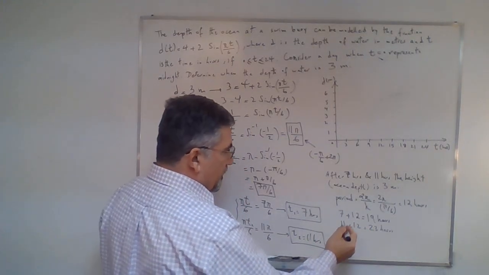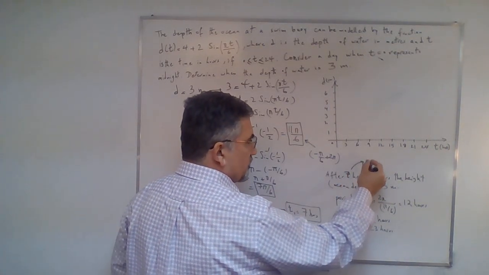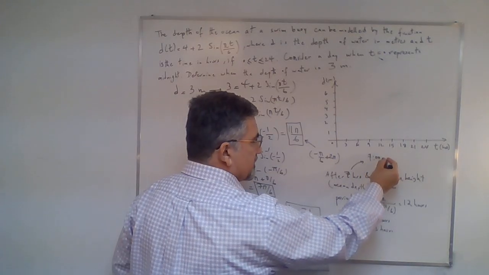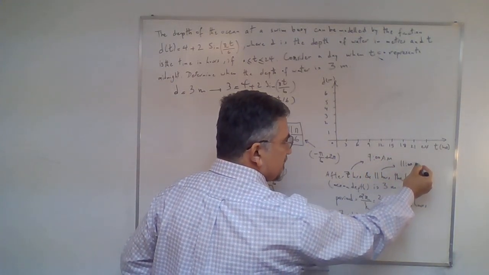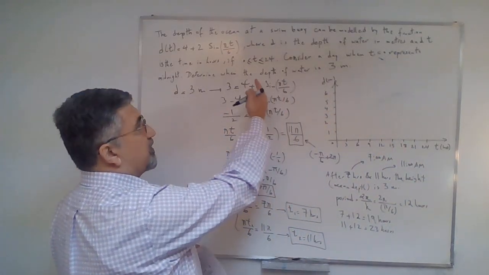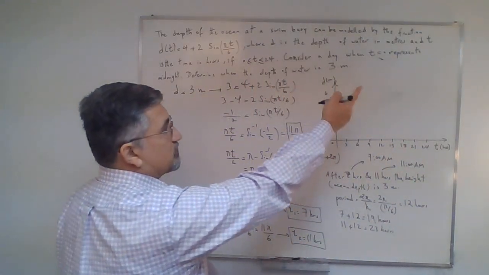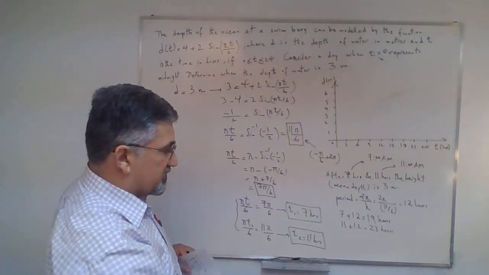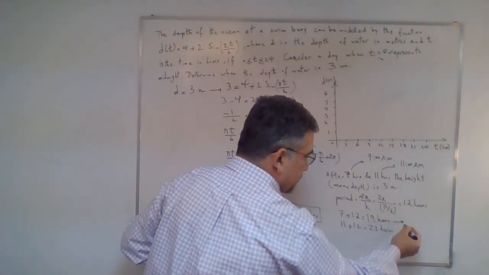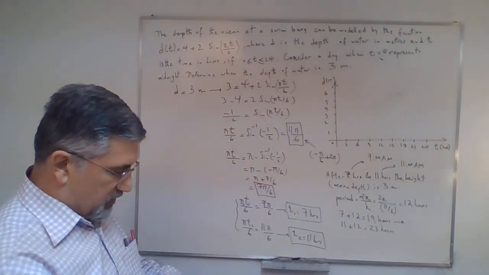Okay, so 7 hours would be 7 a.m. in the morning. 11 means 11 a.m. in the morning, because remember what I said, t equals 0 represents midnight. And then 19 hours, that would be what time in the afternoon?